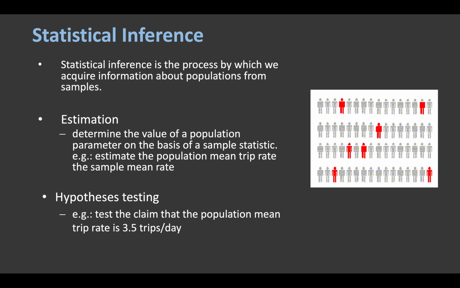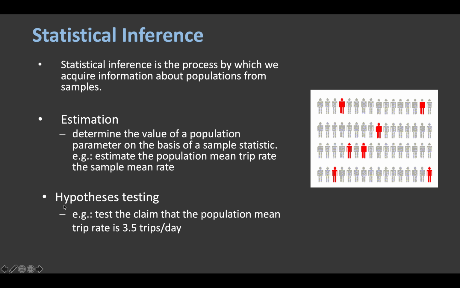So, like in this case, we cannot test all the individuals. So we select 1, 2, 3, 4, 5, 6, 7 individuals and do certain tests. And then we try to draw conclusions for the entire population, right?